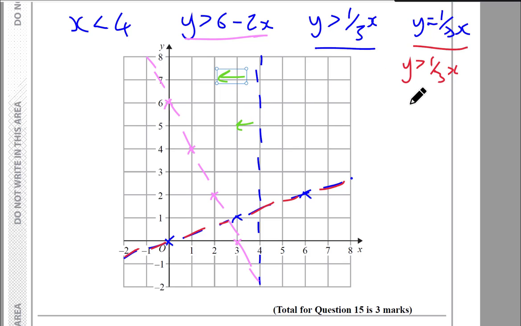Let's do y is greater than a third x. So that's up here. And it says y is greater than 6 minus 2x, so it has to be up here. Now let's just choose a point to be sure. So I'm going to choose, what's a nice number? Let's choose this point.